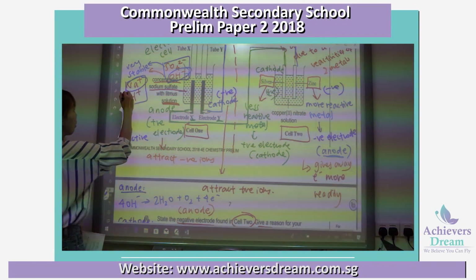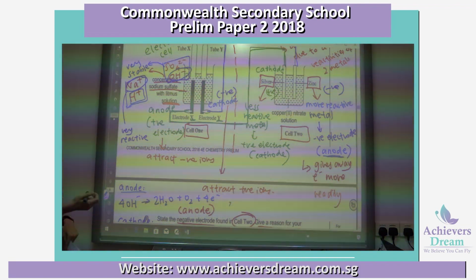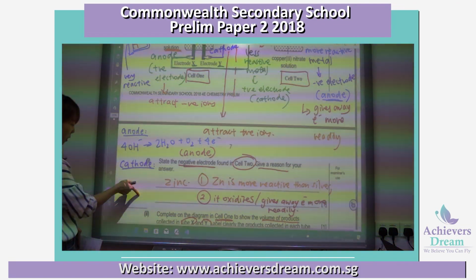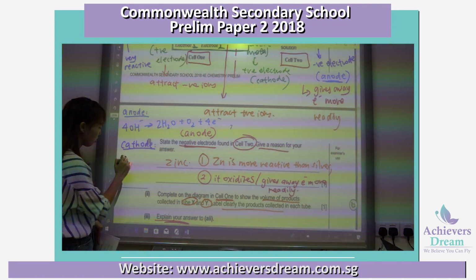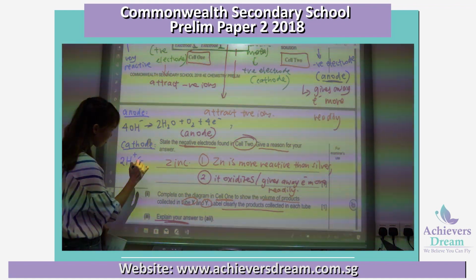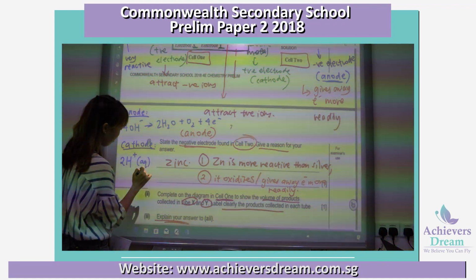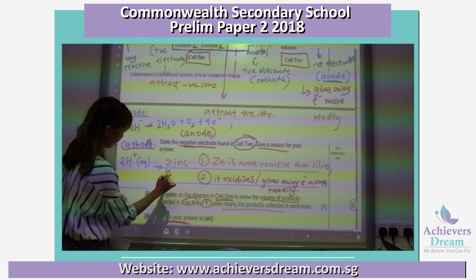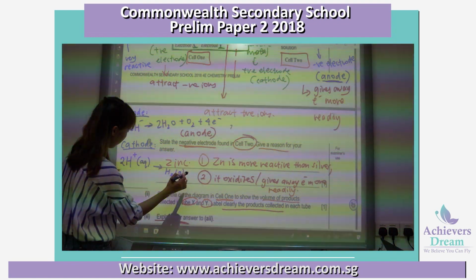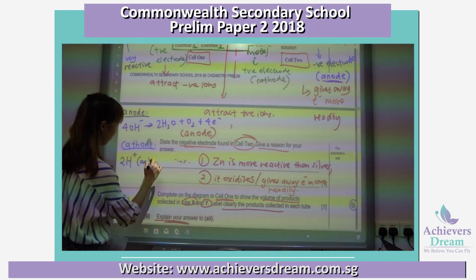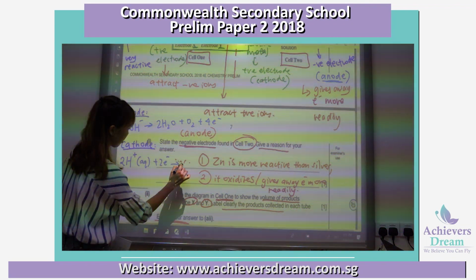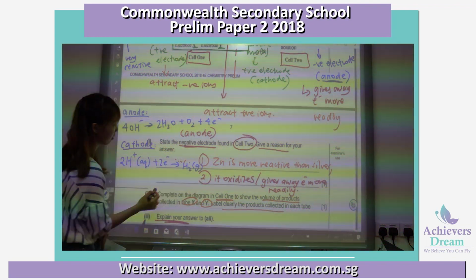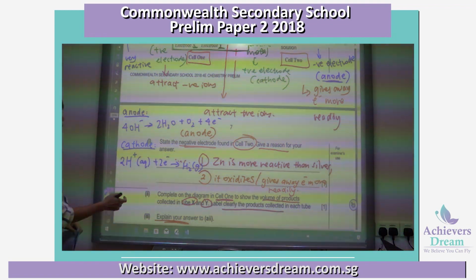So instead, your H plus ion will be preferentially discharged. So we write down the half equation. It will form... okay, so these are my two half equations.